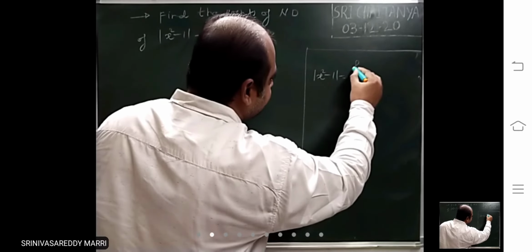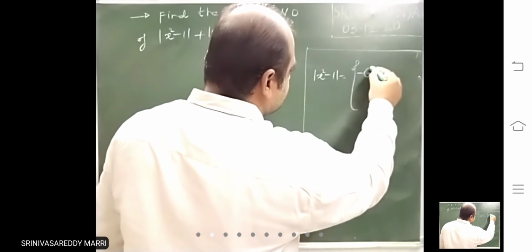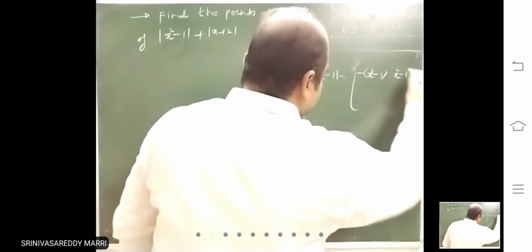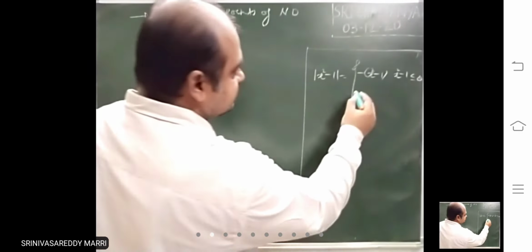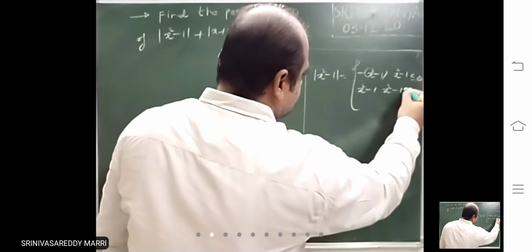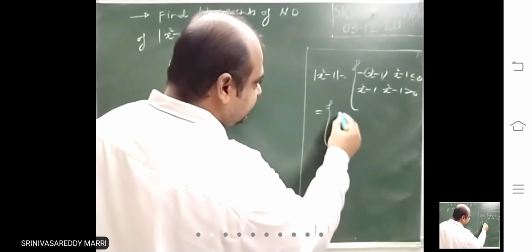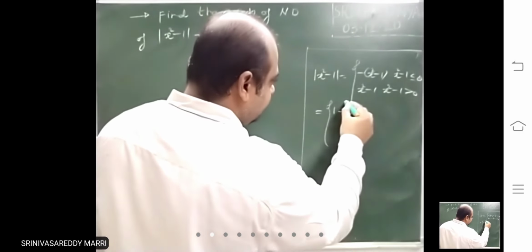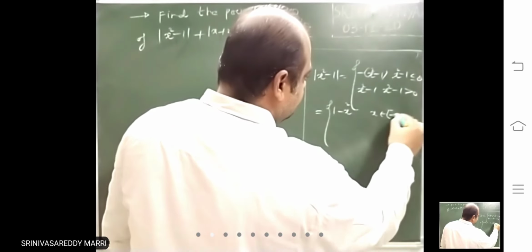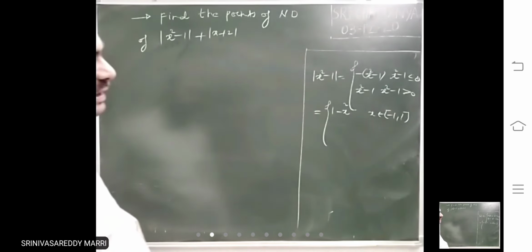Modulus f of x means, when f of x less than or equal to 0, that means this will have the definition 1 minus x square. This is x plus 1 into x minus 1 less than or equal to 0. That means x belongs to minus 1 comma 1.